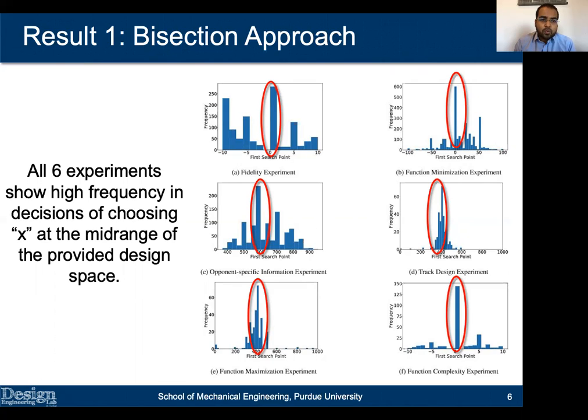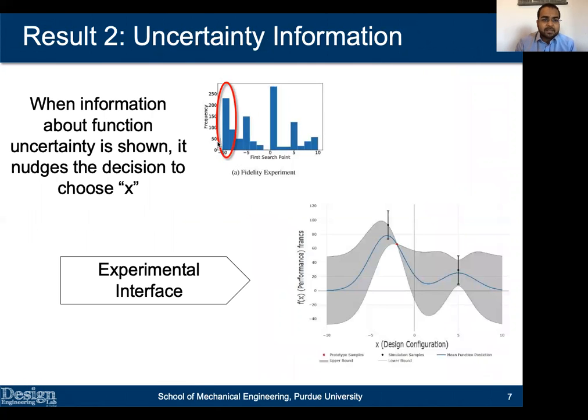Then, of course, there are nuances in each experiment. For example, in this experiment, there is high search frequency even on the extreme ends. So let's go into details for that. In that particular experiment, participants were also given information about the uncertainty of the objective they were trying to optimize.